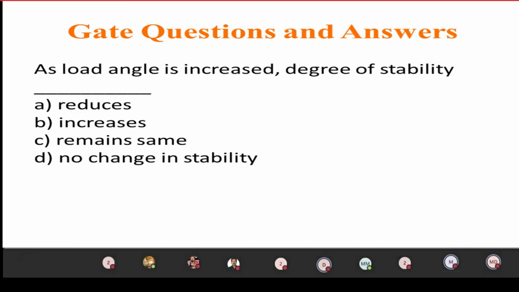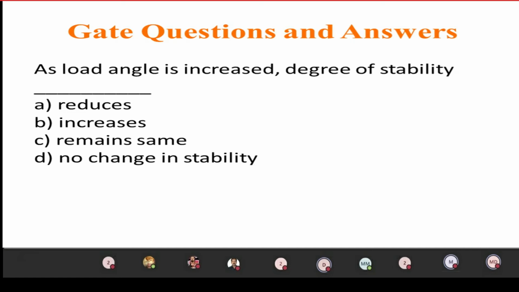So we can eliminate C and D, because remains the same, no change in stability, is not included in that. Then increases. We did not think that stability increases, because we consider that the system is running in a stable state, and now we increase the load angle, it will definitely reduce the stability.